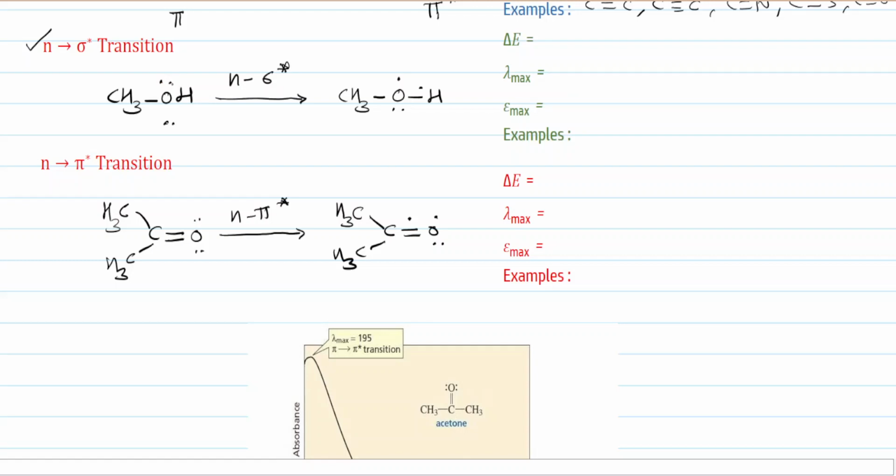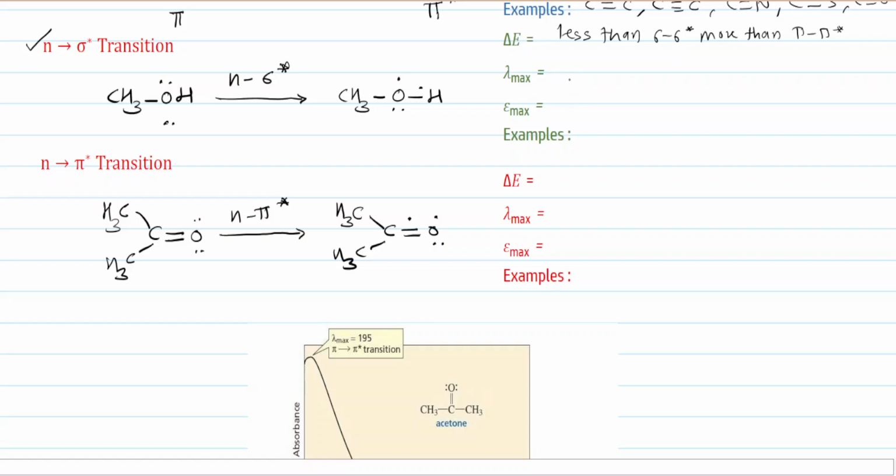From that lone pair, one electron is promoted up to the antibonding orbital, that is sigma star. The energy required for the promotion of the electron is less than for the sigma to sigma star transition, but it is more than for the pi to pi star transition. So more energy is required than for the pi to pi star transition.